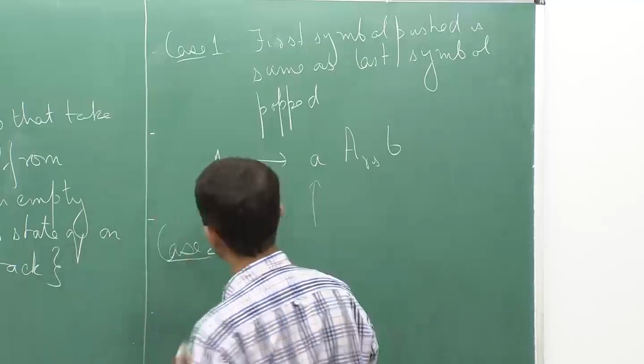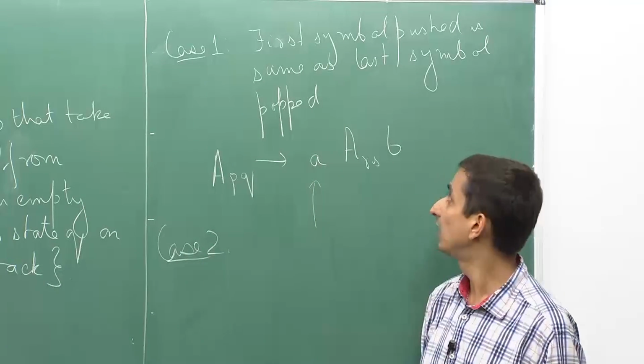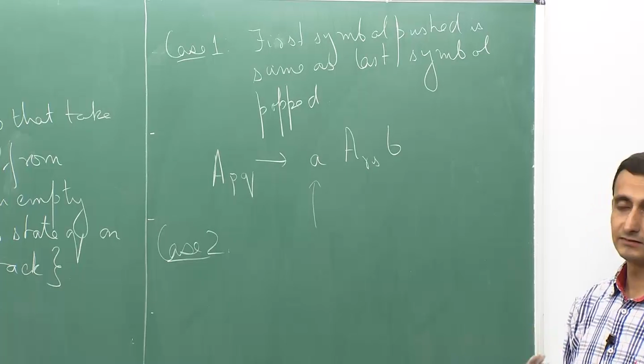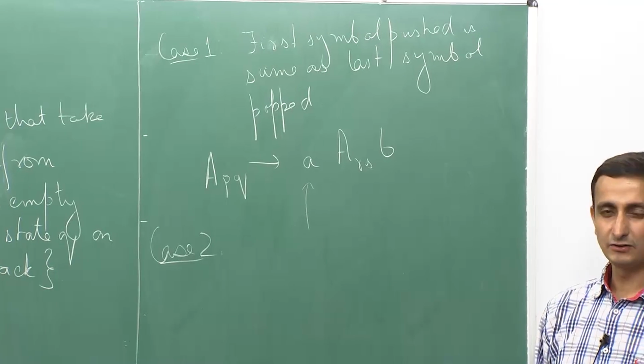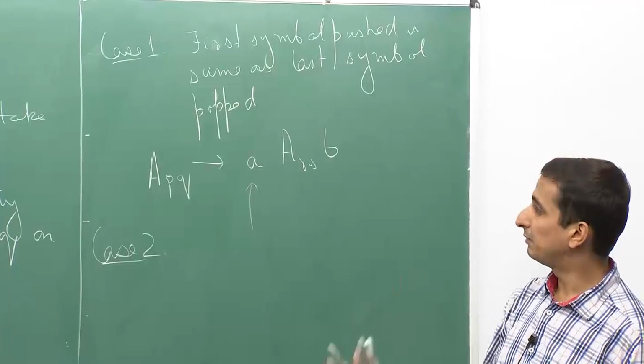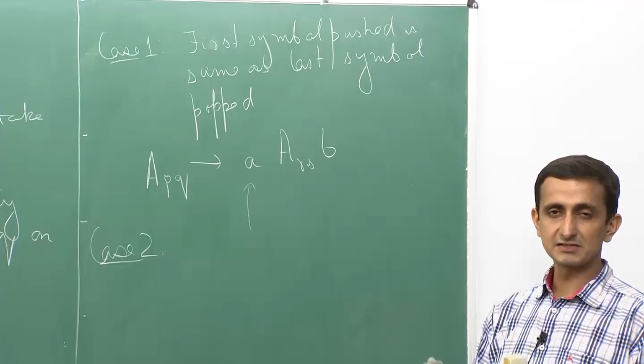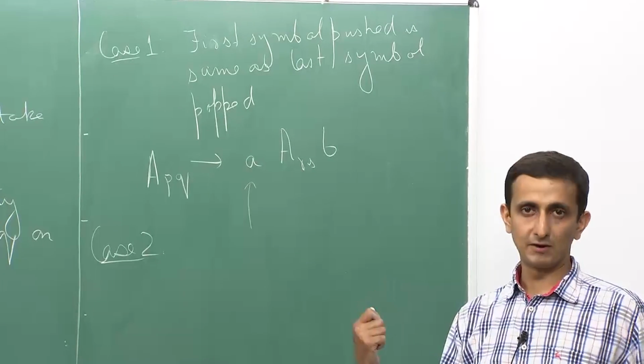And case 2 is when this does not happen. Okay. So, the first symbol pushed is not the same as the last symbol popped. So, there is some other state in between where the first symbol pushed gets popped out. Okay.